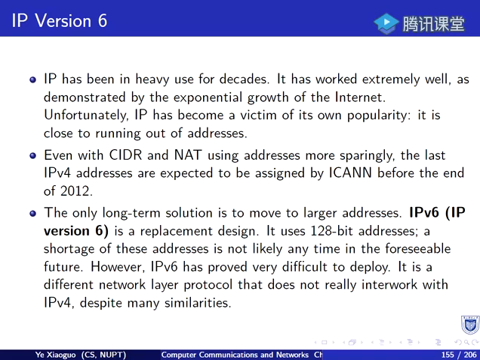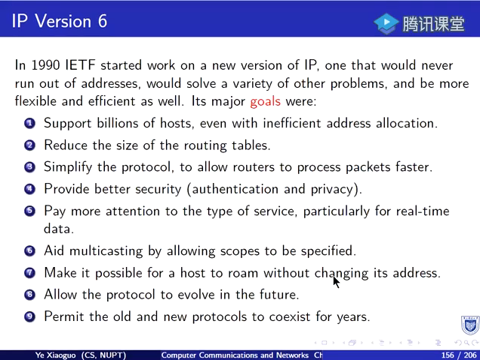Now we will look inside of IPv6. In 1990, the IETF, Internet Engineering Task Force, started work on a new version of IP that would never run out of addresses, because the length of the address is 128 bits.